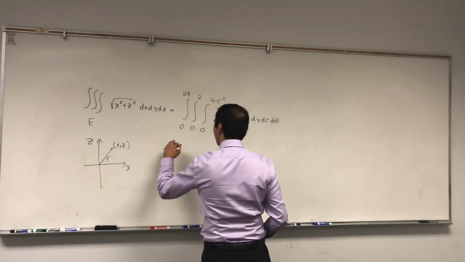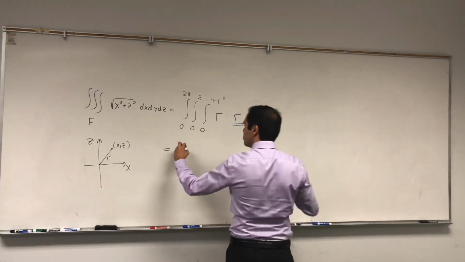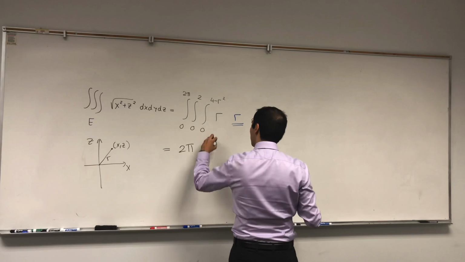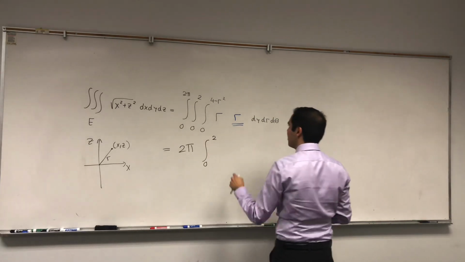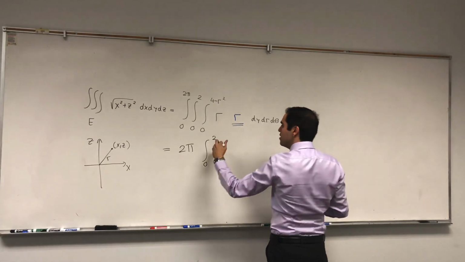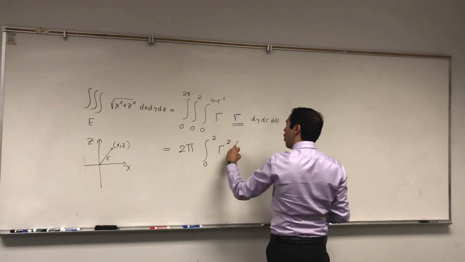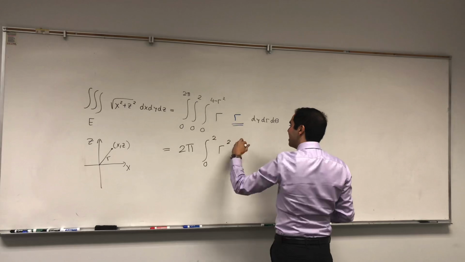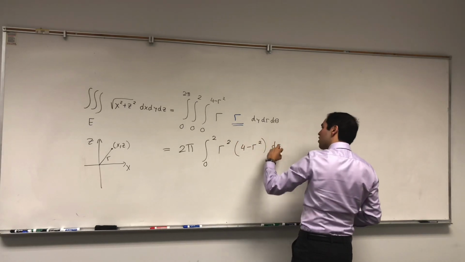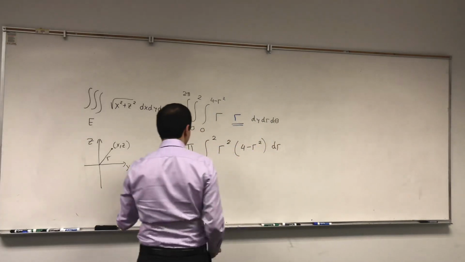So first of all, there is no theta, so it's just 2 pi times whatever, and then the integral from 0 to 2. And this is just constant with respect to y, so what this becomes is r squared times b minus a, so 4 minus r squared dr. And then you just have to calculate this.